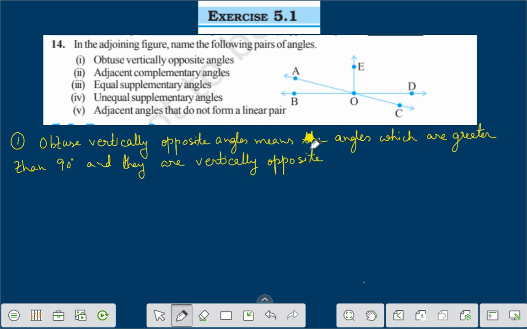In the figure you see that the angle should be greater than 90 and they should be vertical, right?